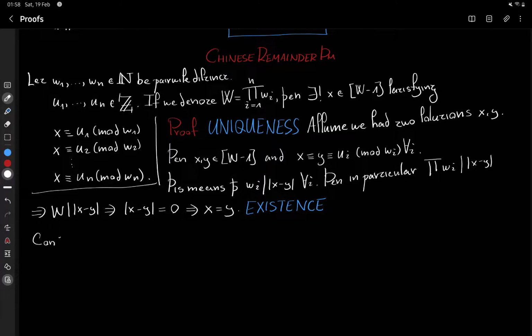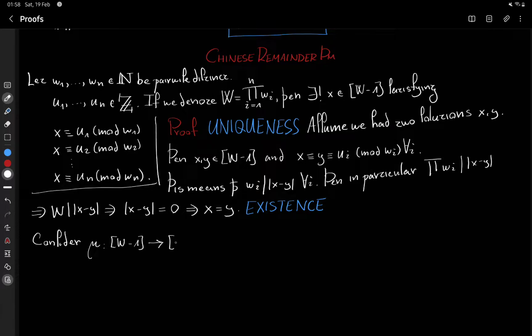So consider the modular map mu, and it's the map mapping all the elements from all the positive integers ranging from 1 to W minus 1, and maps this into the following Cartesian product.